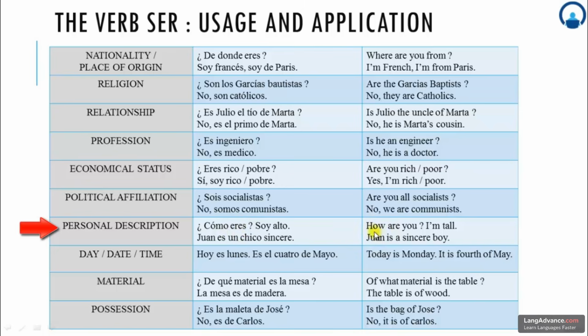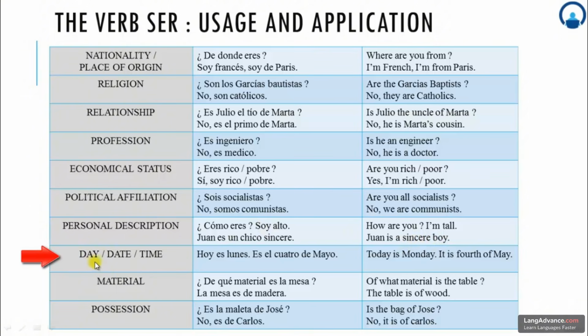This is not the how are you of your health. It is about your personal description. And thus I have to answer about my description as soy alto, I am tall. Juan es un chico sincero. Juan is a sincere boy.